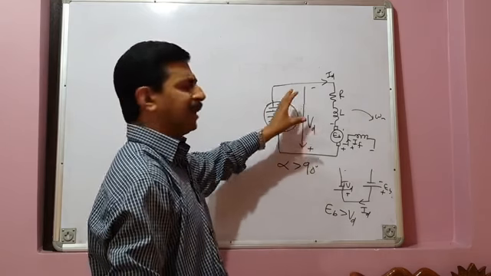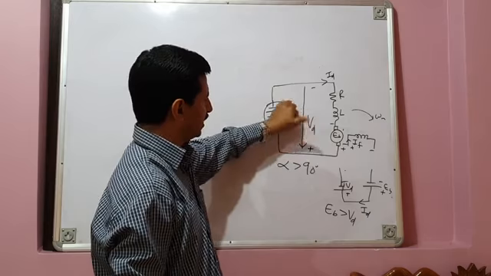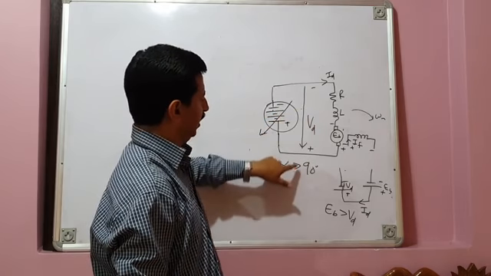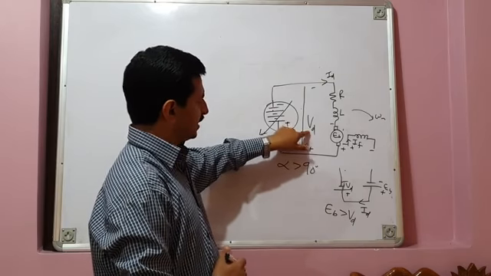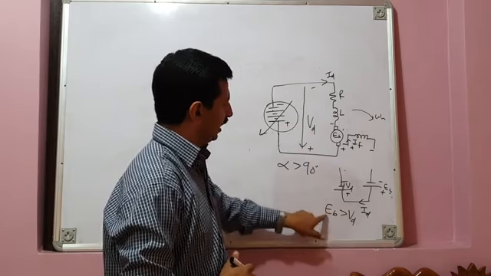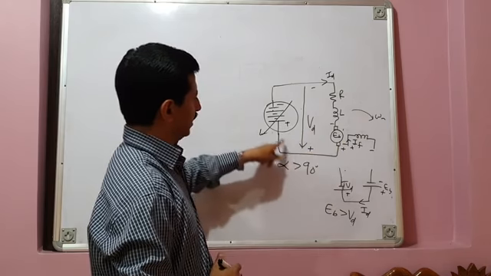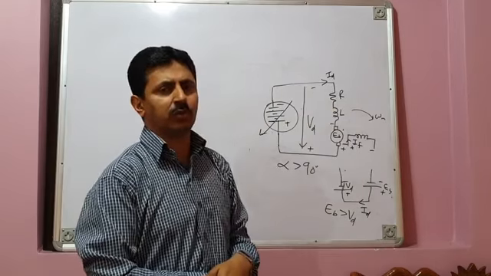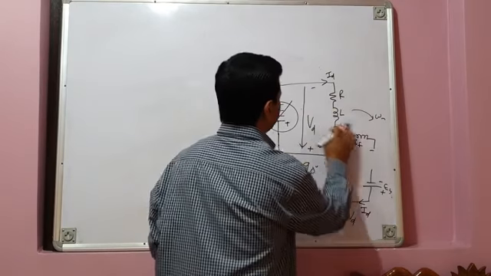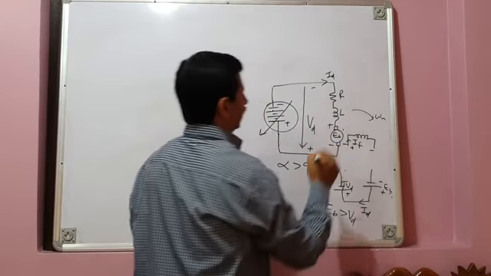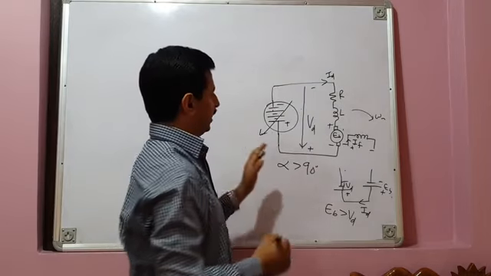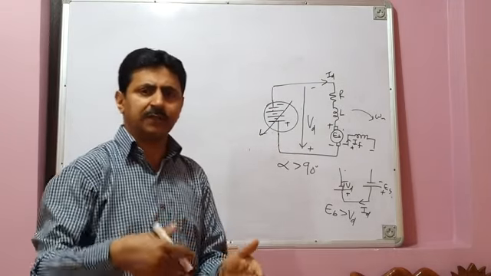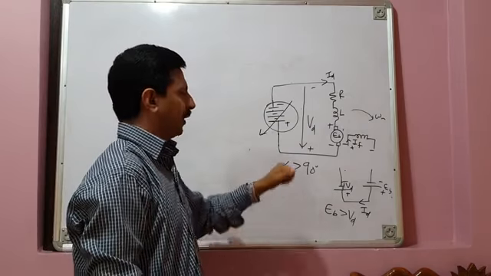So that can be adjusted. If you know what is EB, you can adjust the delay angle in such a way. Of course, delay angle is greater than 90 degrees, but delay angle can be maintained in such a way that Vd is less than EB, or EB is greater than Vd, and current flows in this direction, and hence inversion mode of operation takes place. Now, previously your motor was having this back EMF during rectification mode of operation for alpha less than 90 degrees, and as soon as you want inversion mode of operation, you make alpha greater than 90 degrees.